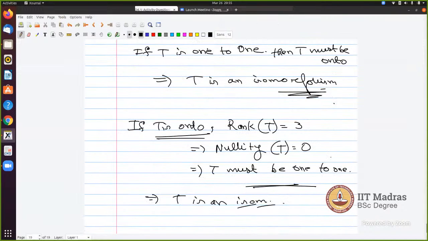If it is onto, then it must be 1 to 1. If it is 1 to 1, then it must be onto. No other way. If two elements map to one element, then it is not 1 to 1, and then it cannot be onto also in R3 to R3. That is what the rank-nullity theorem is saying.